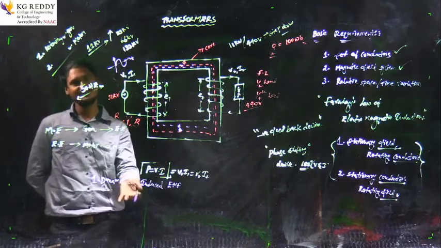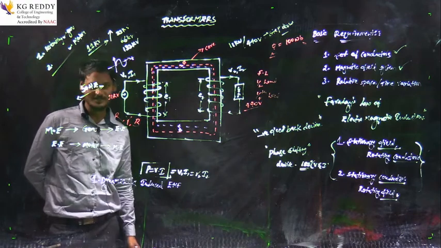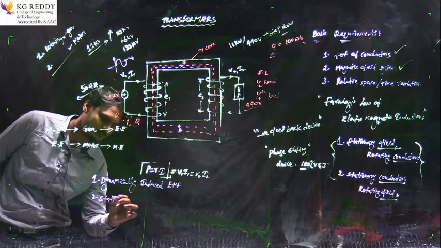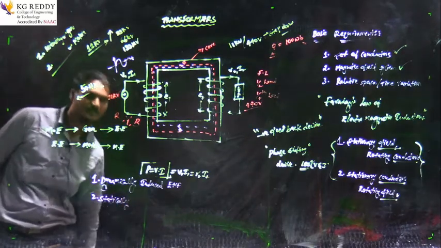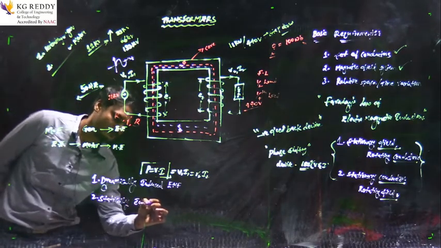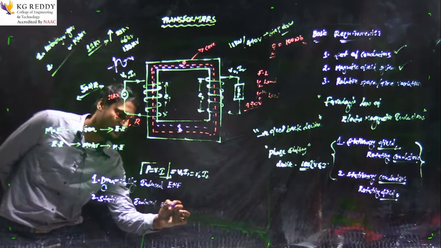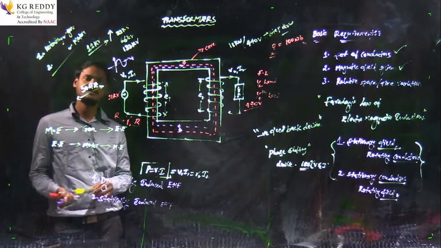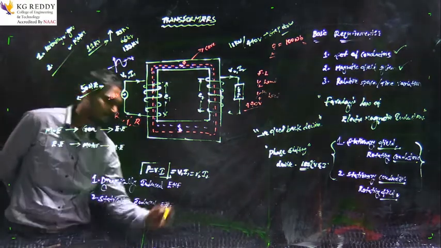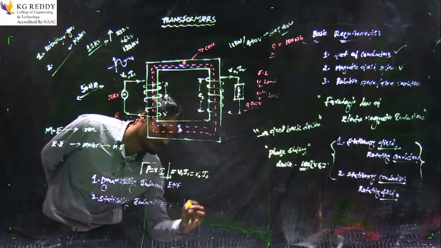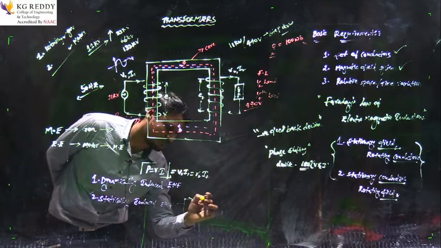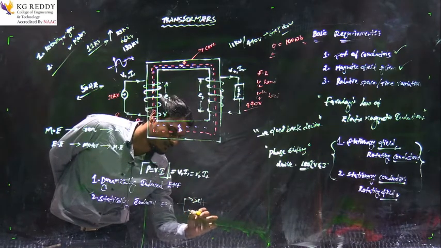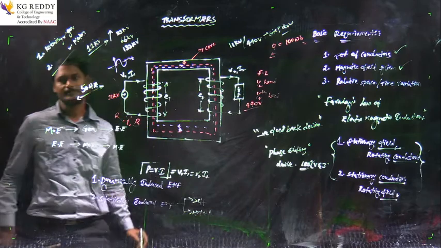Can anyone guess the second one? Yes. The first one is dynamically, that means a rotational type, right? So, obviously the second EMF will be statically induced EMF. Again this statically induced EMF is further classified into two types, that is self and mutual. Okay.